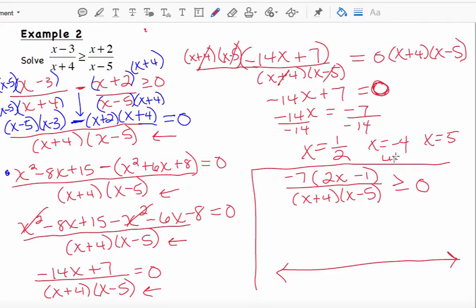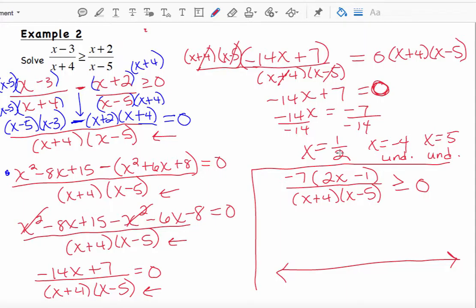So you have two critical numbers that make that rational inequality undefined. You have two critical numbers undefined, and then you also have the critical number you get from solving the rational inequality all by itself.